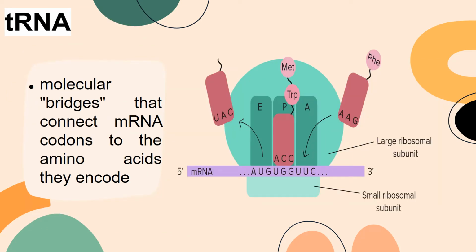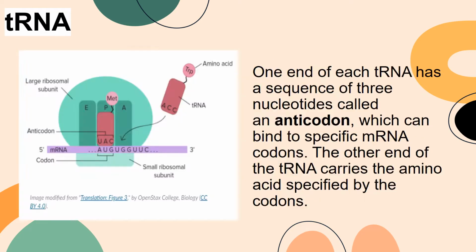Okay, next we have the tRNA or the transfer RNA. tRNA is the molecular bridge that connects mRNA codons to the amino acids they encode. The job of tRNA is to read the message of nucleotides and translate it into proteins or amino acids.